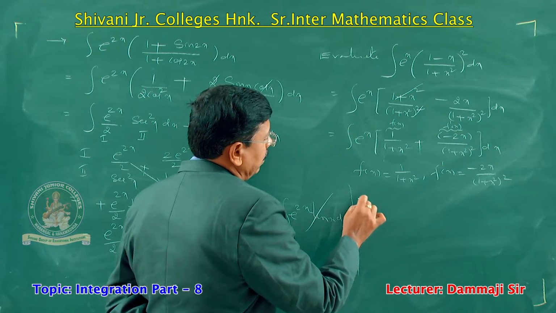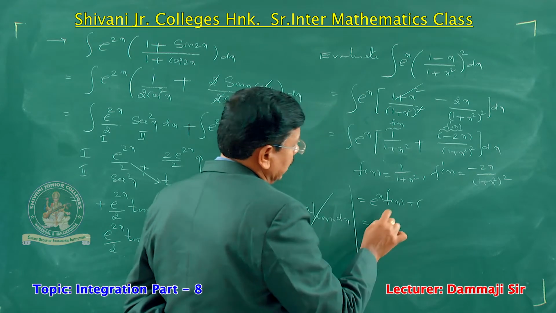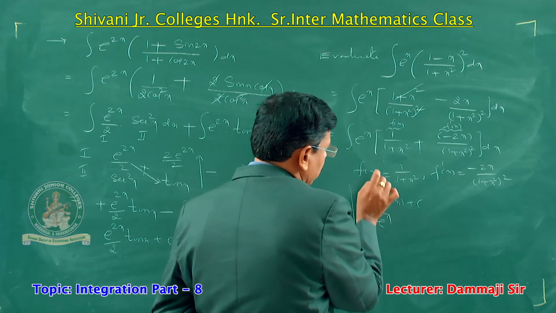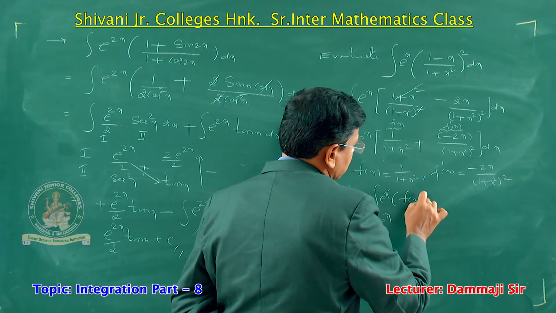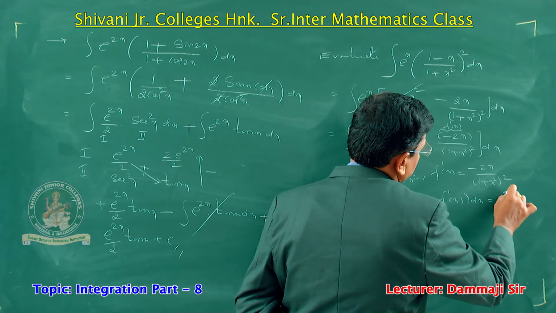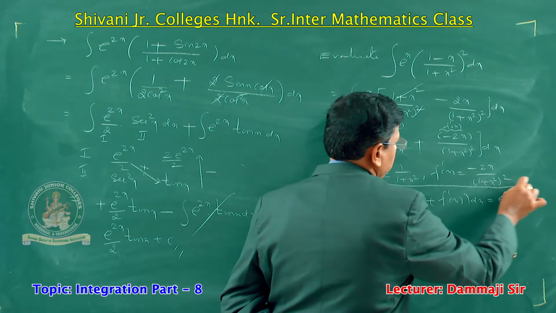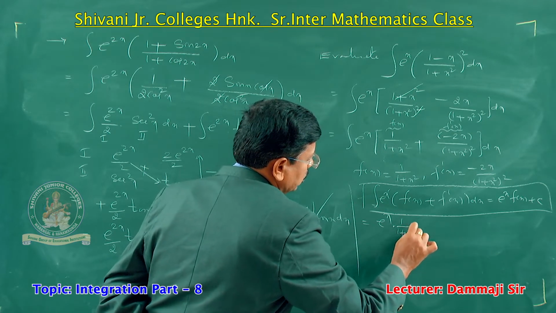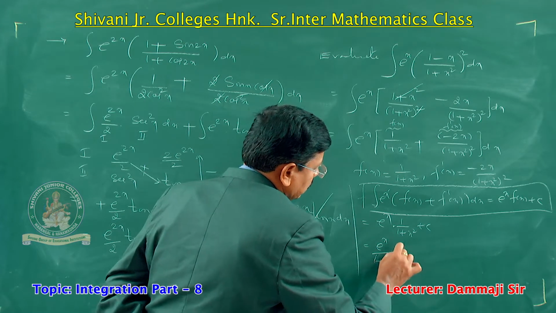What about its final result? e power x f of x plus c. In place of f of x, we have the result, like the integral of e power x of f of x plus f dash of x dx is e power x f of x plus c, which is one of the formulas. What about its result, number into 1 by 1 plus x square? So e power x by 1 plus x square.